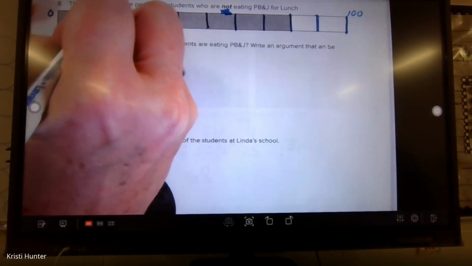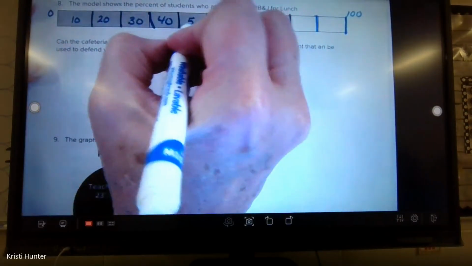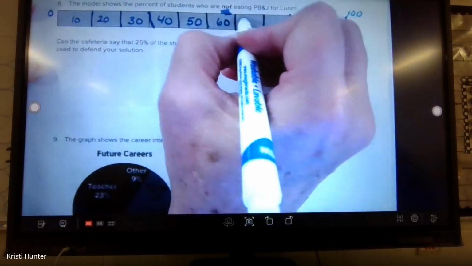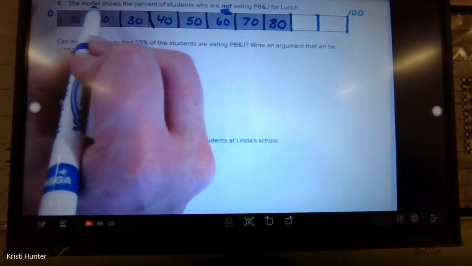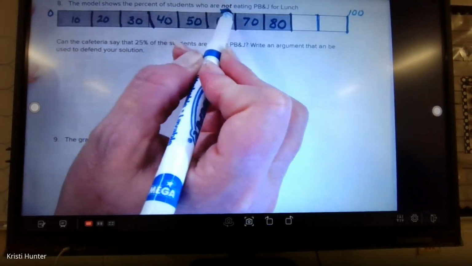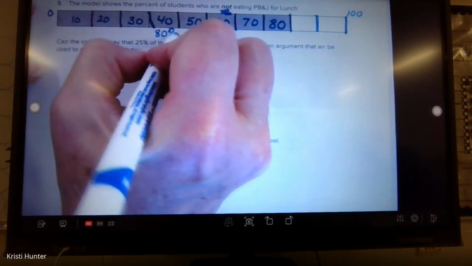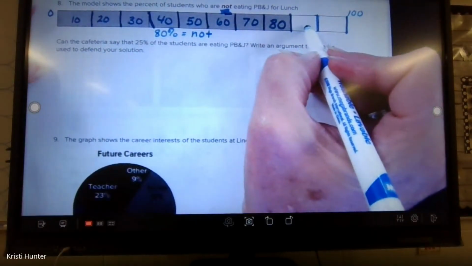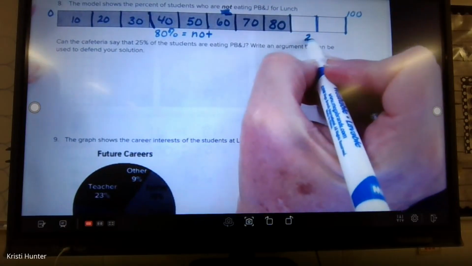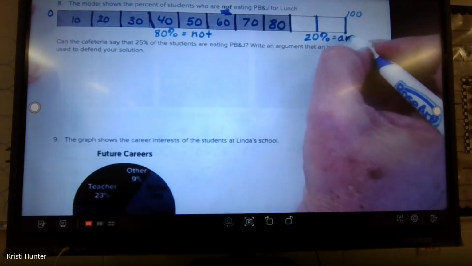So I would have 10, 20, 30, 40, 50, 60, 70, 80. And it said this showed the percent of students who are not. So 80% are my nots, which means I have 20% that are. These are the ones that are.